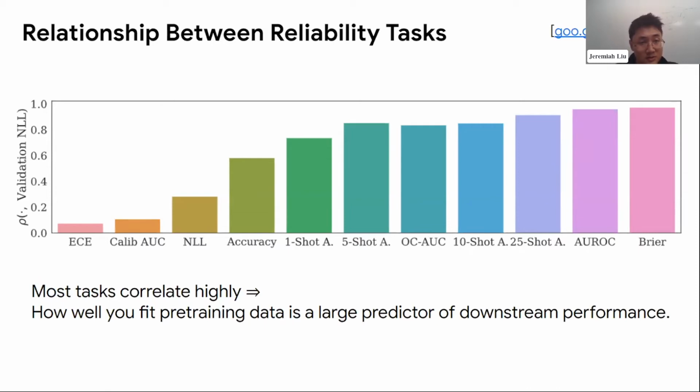In comparison, the more standard performance metrics like negative log likelihood and accuracy have a moderate correlation, while the more uncertainty-targeted metrics such as expected calibration error, which is the ECE, and also the calibration AUC, have rather low correlation.